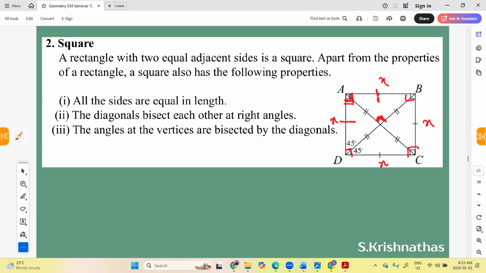What is that quadrilateral? That is a rhombus. Right? Now, the angles here are bisected by the diagonals, 45, 45 each. Right. These are the cases. Next, diagonals equal in rectangle and square.